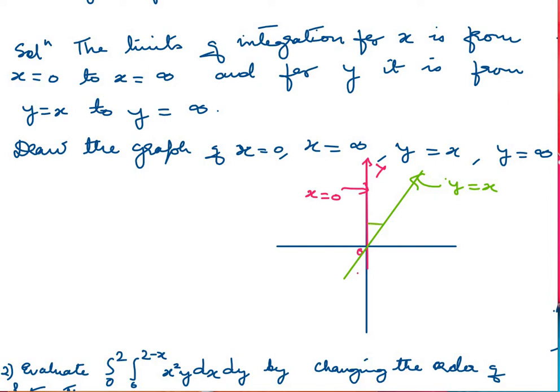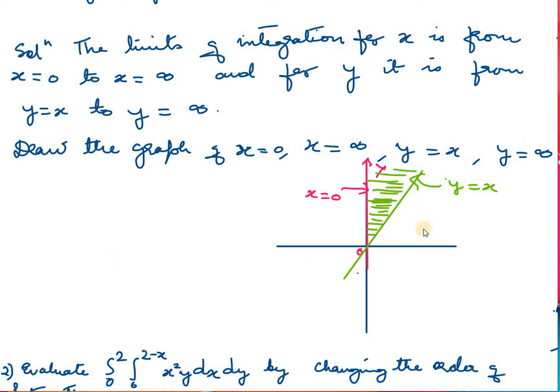So the required region of integration is this one. It is bounded by x is equal to 0, then x is equal to infinity, that means this will keep on increasing. And also it is bounded by the line y is equal to x, and y is equal to infinity, which is along the y-axis. So this will be the shaded, required region of integration.